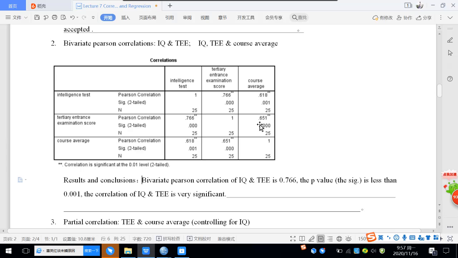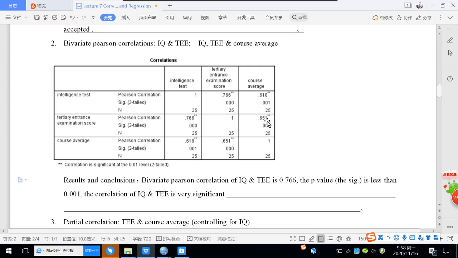Okay, here shows the TEE and the course average. The correlation is 0.651, and also the significance is less than 0.001. Okay, so the correlation of TEE and the course average is very significant.